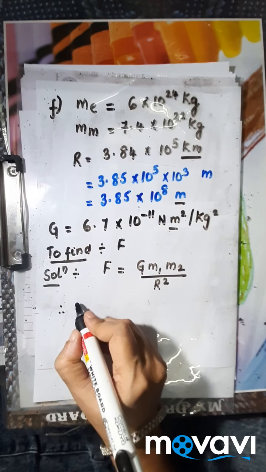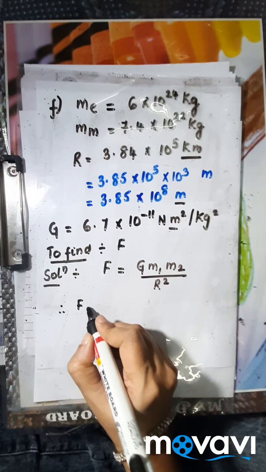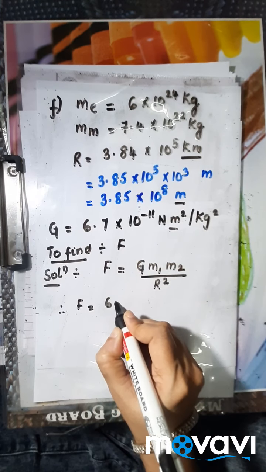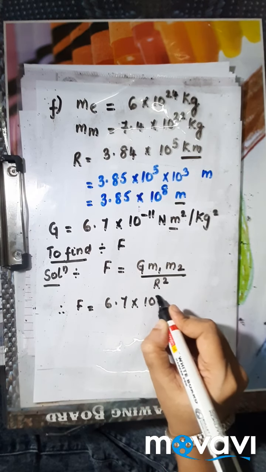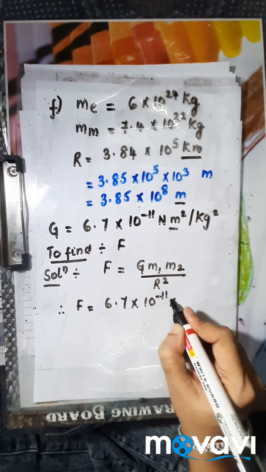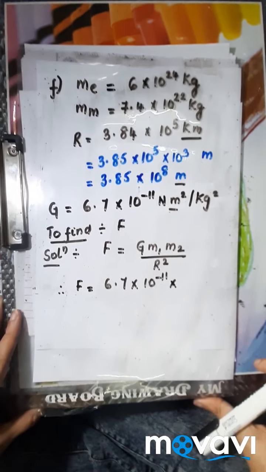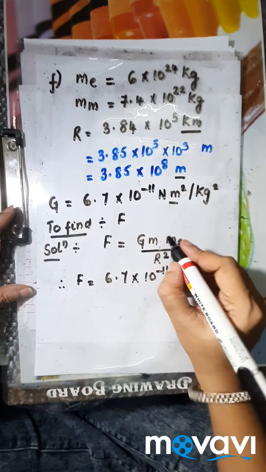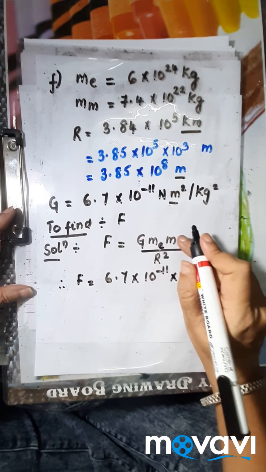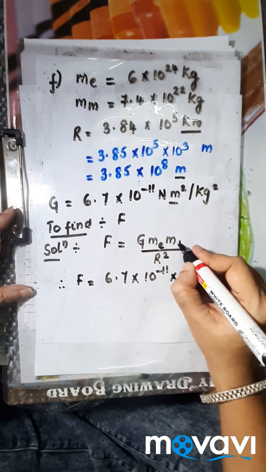Therefore now my F is equal to 6.7 multiplied by 10 raised to minus 11 multiplied by mass of the earth. I can call this as mass of the earth, and I can call this as mass of the moon, right?